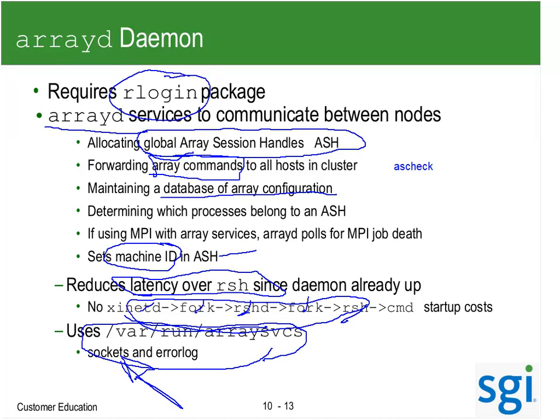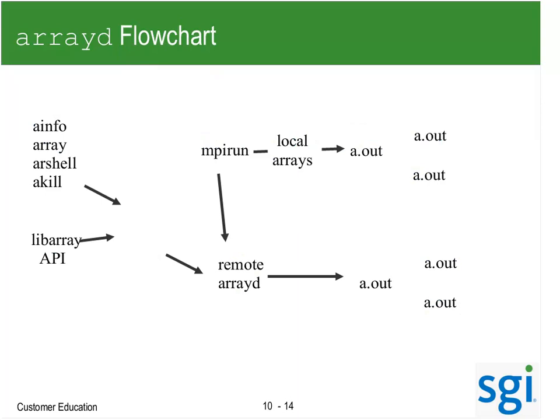And I do want to run my MPI application across all 4 nodes in our cluster here this morning for a demo. So here we're just talking about there should be an arrayd here, and then a remote arrayd here. And again, if I'm submitting work, this drawing's kind of wrong here. ainfo, array, arshell, and akill will all talk to the local.